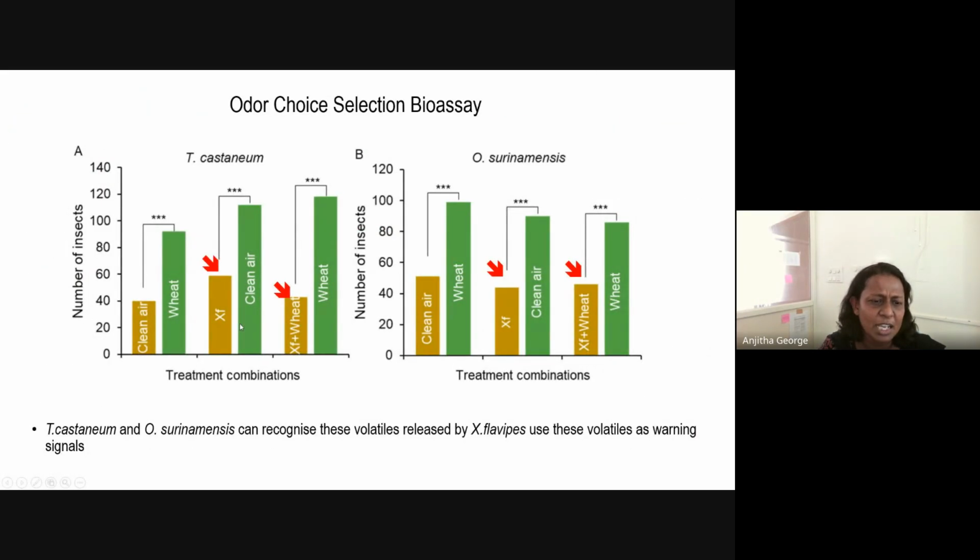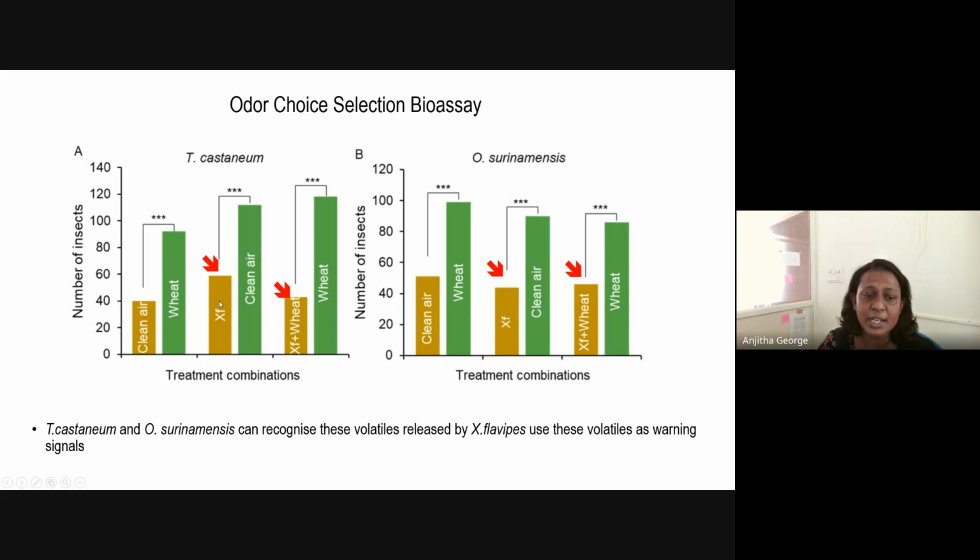So this table, I just simply want to show you one thing. This is with respect to the red flour beetle. Here you can see that on one arm clean air was sent, and the other arm wheat odor was sent. So you can see that the insect always preferred the wheat volatile. In the second study, the natural enemy volatiles were present, and here clean air was sent.